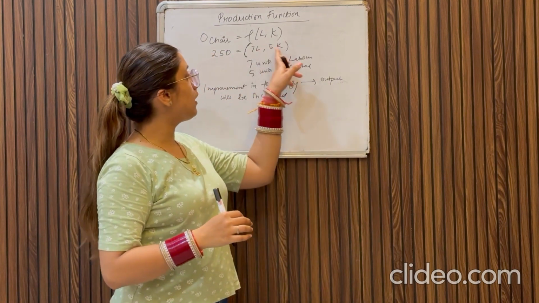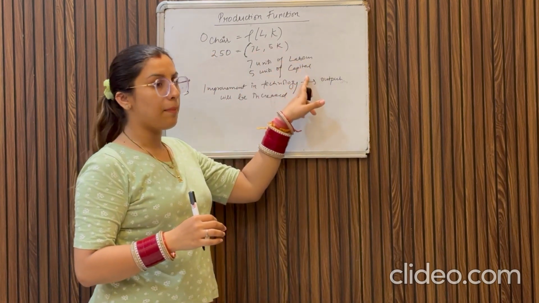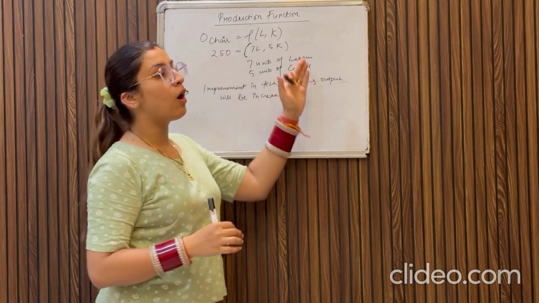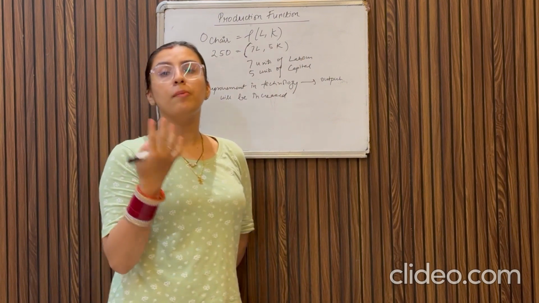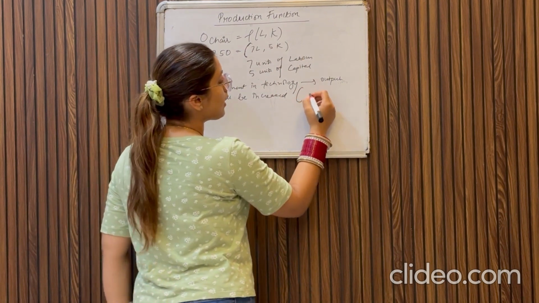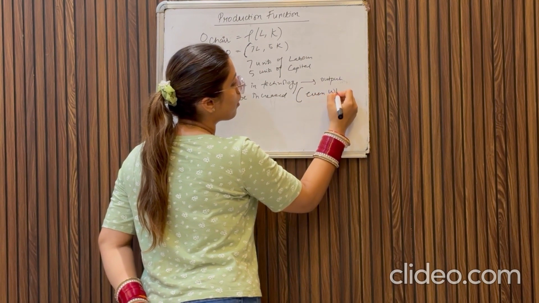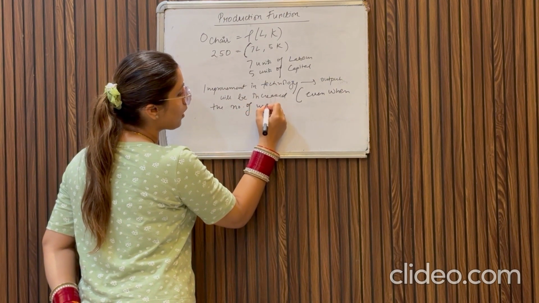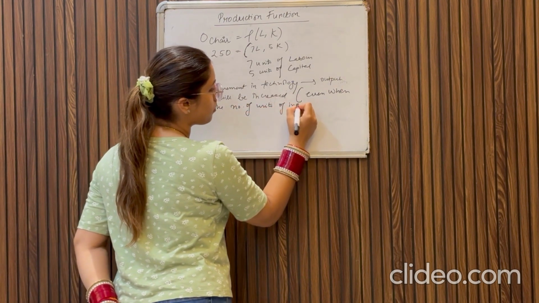Even if we don't increase the number of units of labor and capital, but there is improvement in the technology, then the transformation from the input to output will be more. The output will be produced more. So this is the case even when the number of units of input is unchanged.